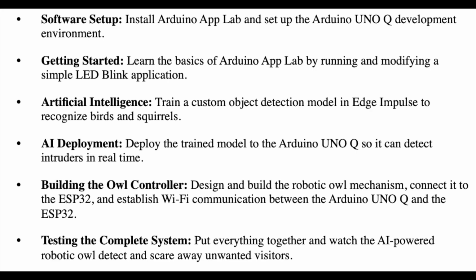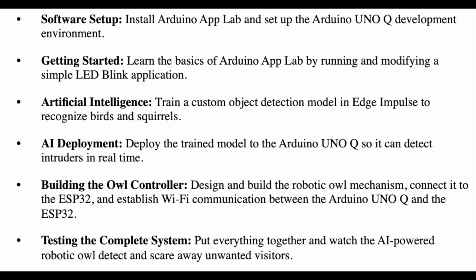We will build the entire project step by step. First, we will install Arduino App Lab and set up the Arduino UNO Q development environment and learn the basics of Arduino App Lab by running and modifying a simple LED blink application.